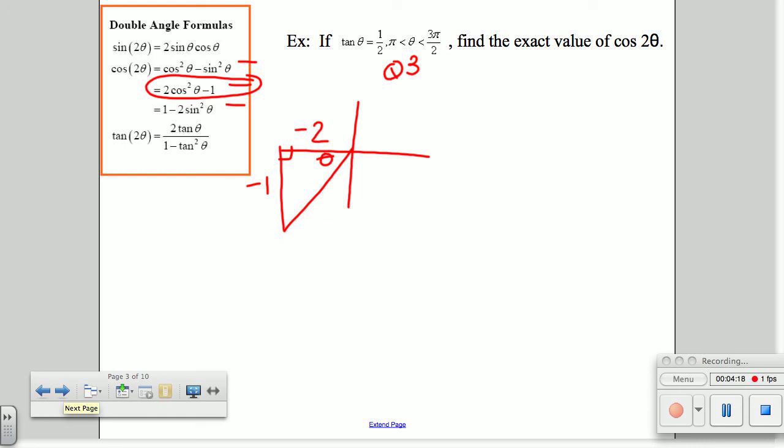And we need to do the Pythagorean theorem to find the hypotenuse. So negative 1 squared plus negative 2 squared equals our hypotenuse, or our radius squared. And we end up with that radius, or that hypotenuse, being the square root of 5.